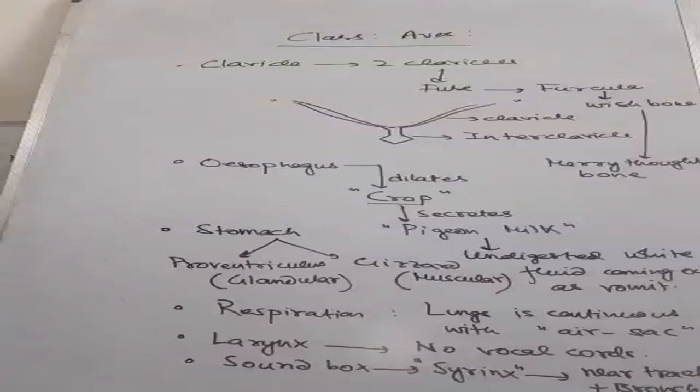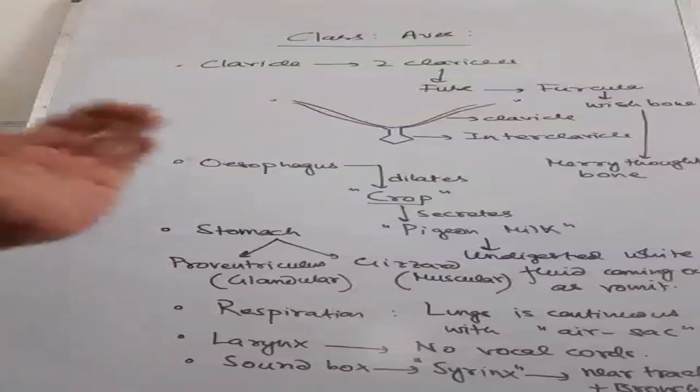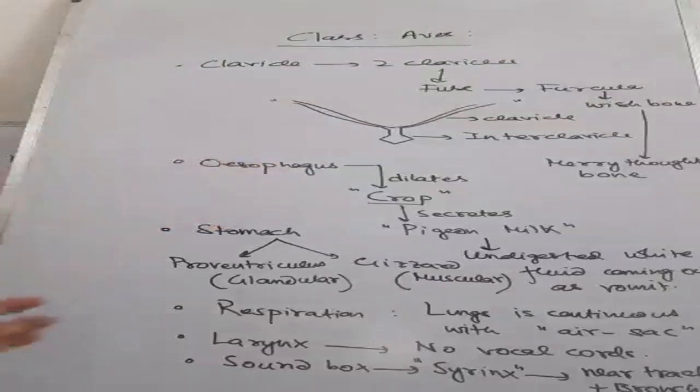But in place of sinus venosus, there is another thing which is present. It is known as the right aortic arch. Arch means like a bow and arrow, and it is towards the right atrium. Therefore, it is known as the right aortic arch. But there is no sinus venosus or truncus arteriosus present in aves.